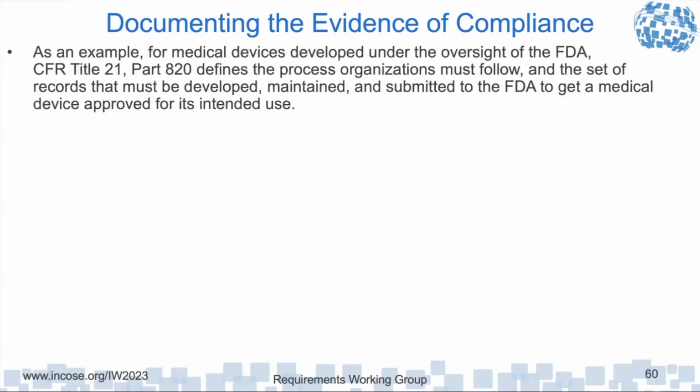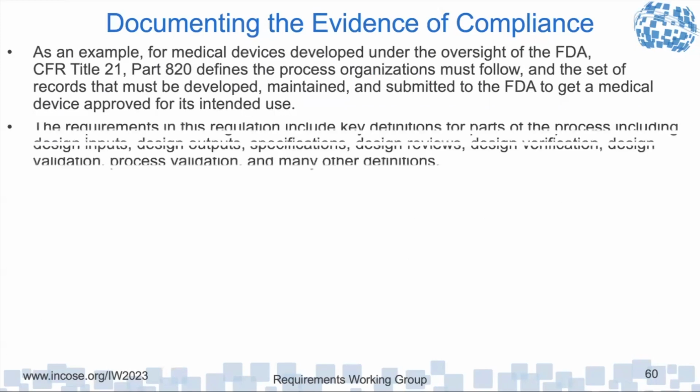So as an example, for medical devices developed under the oversight of the Food and Drug Administration, CFR Title 21, Part 820 defines the processes organizations must follow and the set of records that must be developed, maintained, and submitted to the FDA to get a medical device approved for its intended use.